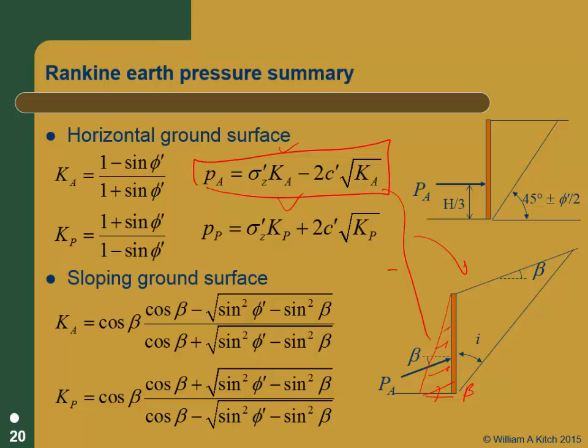If you want to know the horizontal stress, so this is the stress, and the force is just the integral of that. If you want to know the horizontal stress, then you've got to take PA cosine beta. This will equal the horizontal force acting on the wall, FH.